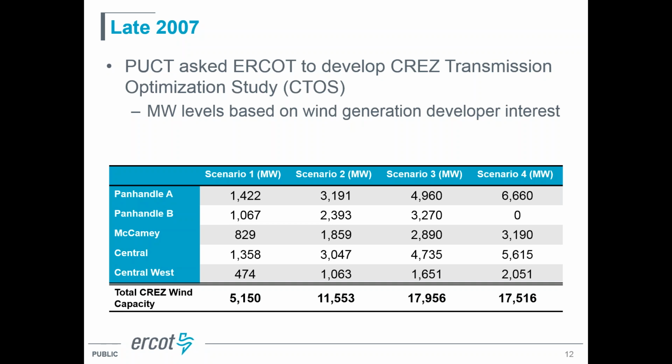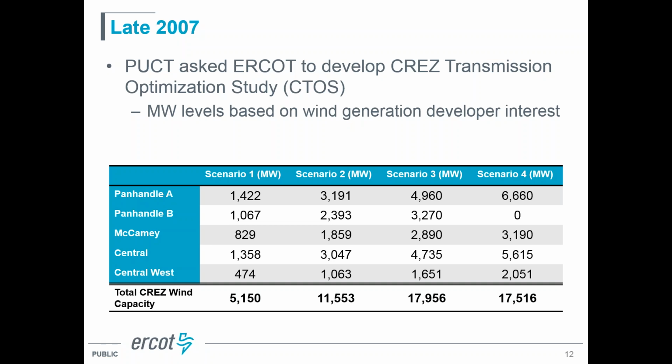Scenario 2 was really a subset of scenario 3, a smaller one, because I think there were definitely some cost concerns that it was going to be too costly to develop the transmission system to handle that amount of wind generation. And then scenario 1 was another subset of scenario 2. Scenario 4 was another look at the interest in the zones, but they took that scenario 3 megawatts and said, what if we didn't go all the way to Panhandle B, which was the northernmost part of the northernmost zone?